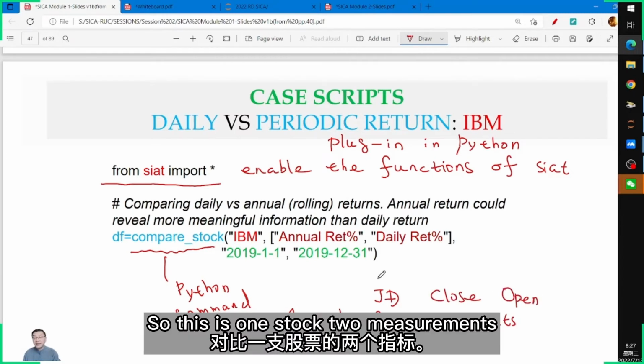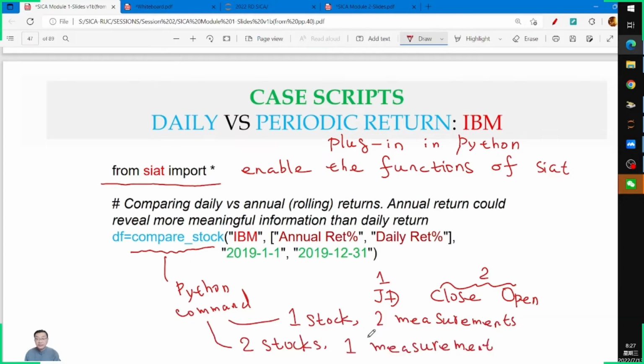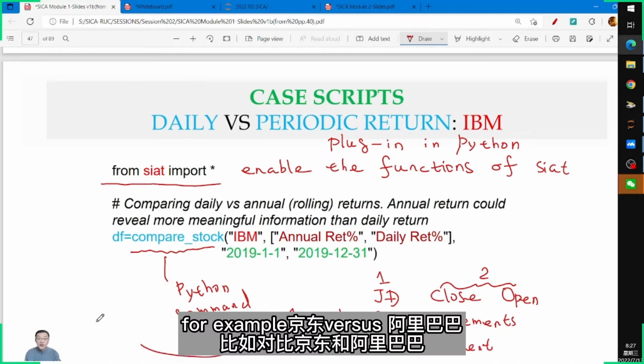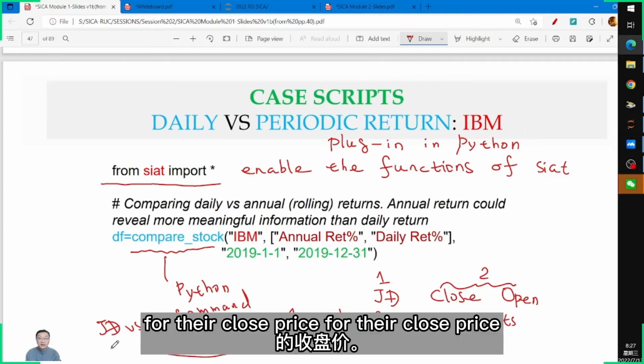So this is one stock, two measurements. Another situation is two stocks, one measurement. For example, Jingdong versus Alibaba for their close price.